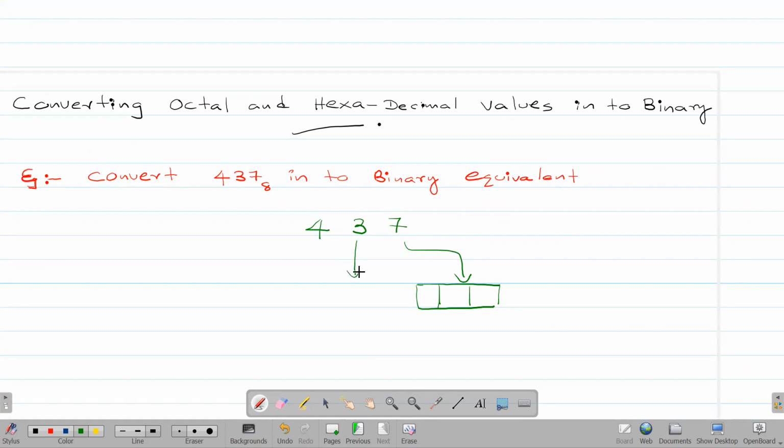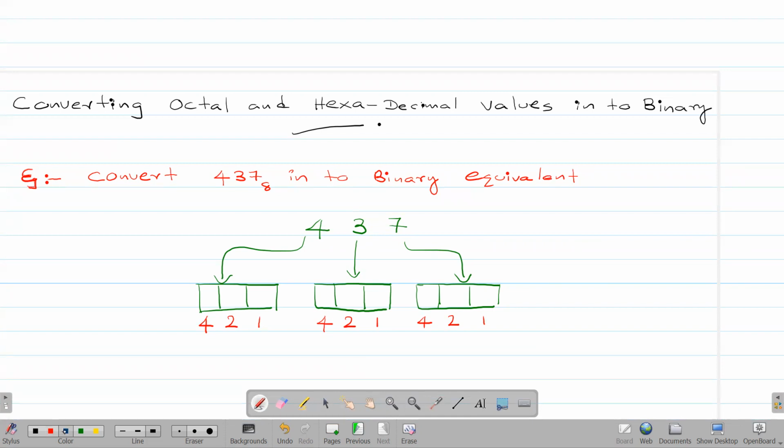Right? So each and every symbol of the octal value is taken as a 3-bit value. And it's very easy to find the values of these 3 bits because we know the place values. The place values are always 1, 2, and 4.